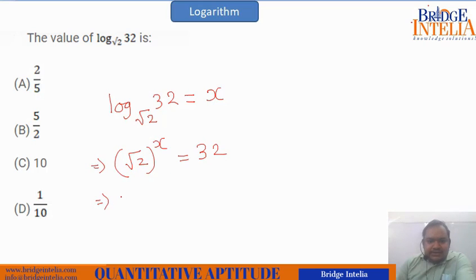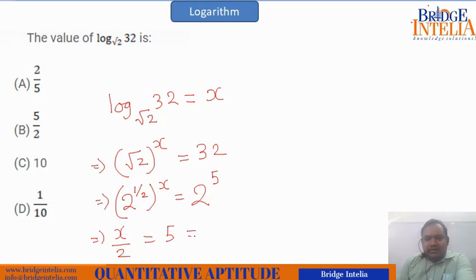So from here you can say that 2 to the power half, whole to the power x, is equal to 32, which can be written as 2 to the power 5. So from here you can see that x by 2 is equal to 5, which means that x must be equal to 10.